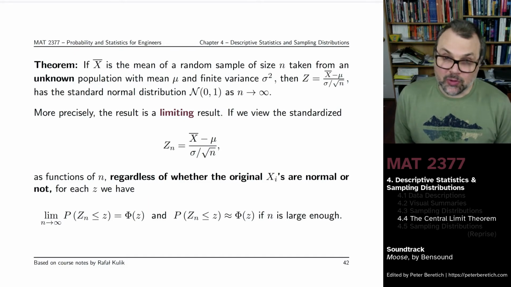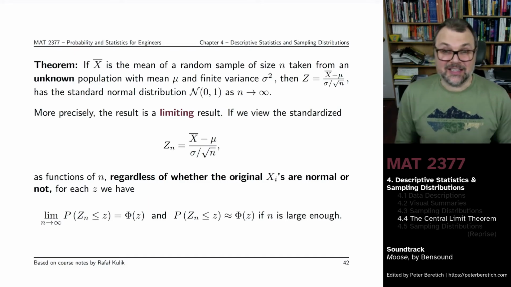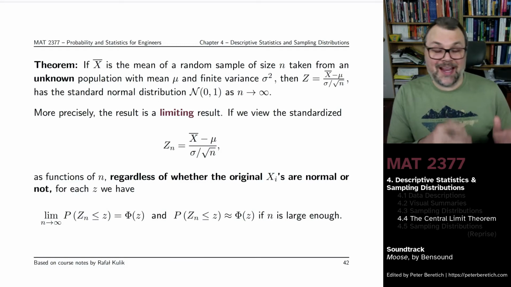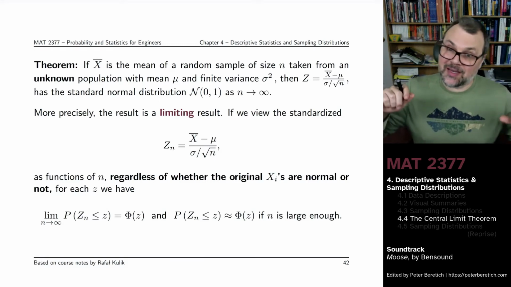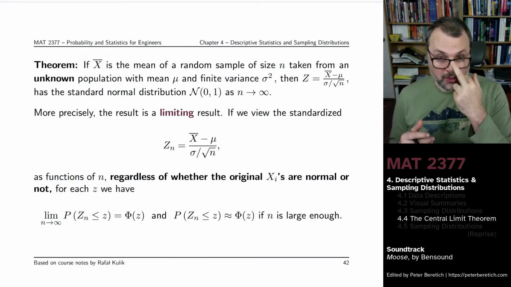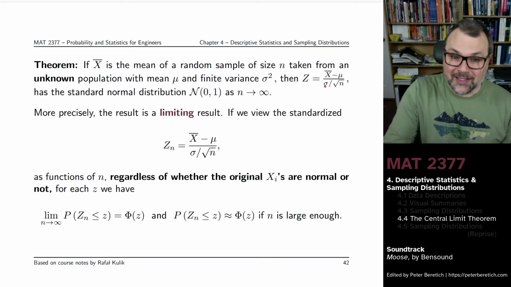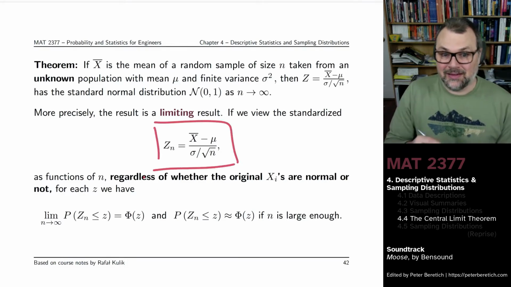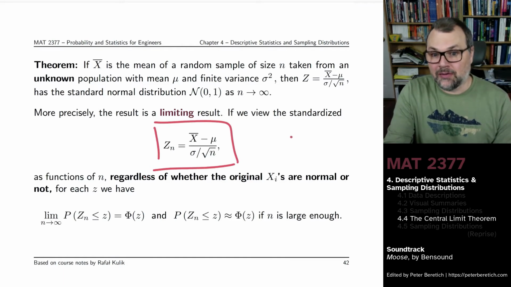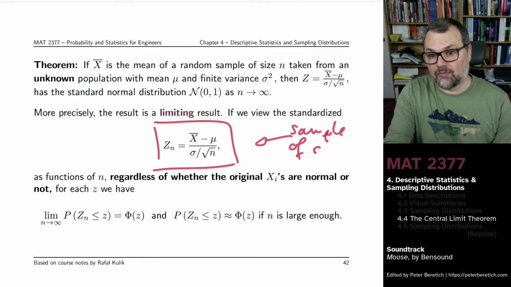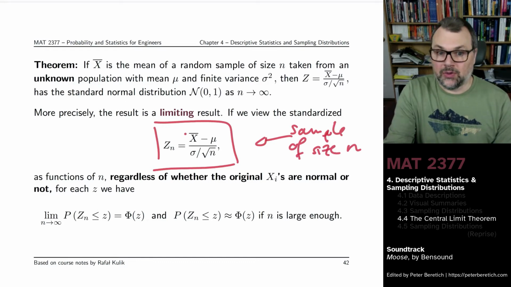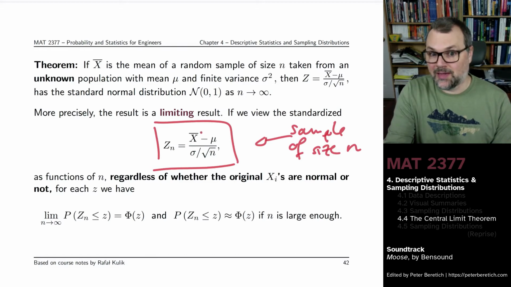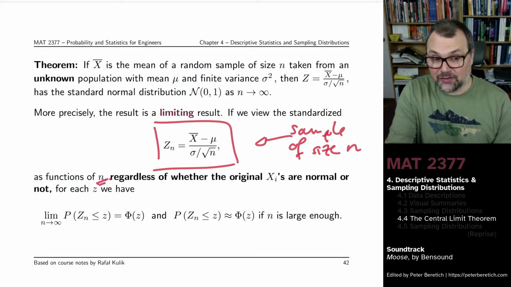It's a standard normal approximately, and it's going to go to the standard normal when n goes to infinity, when the size of your sample gets larger and larger and larger. If you just look at the standardized Zn here, so you're looking at the sample mean, if your sample is of size n, and you subtract from the sample mean the mean of the population, you divide by sigma over square root of n, as a function of the sample size.